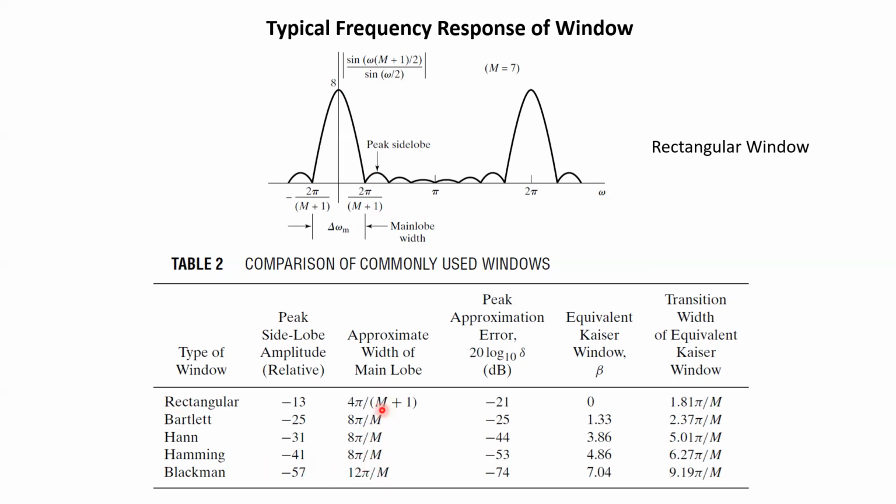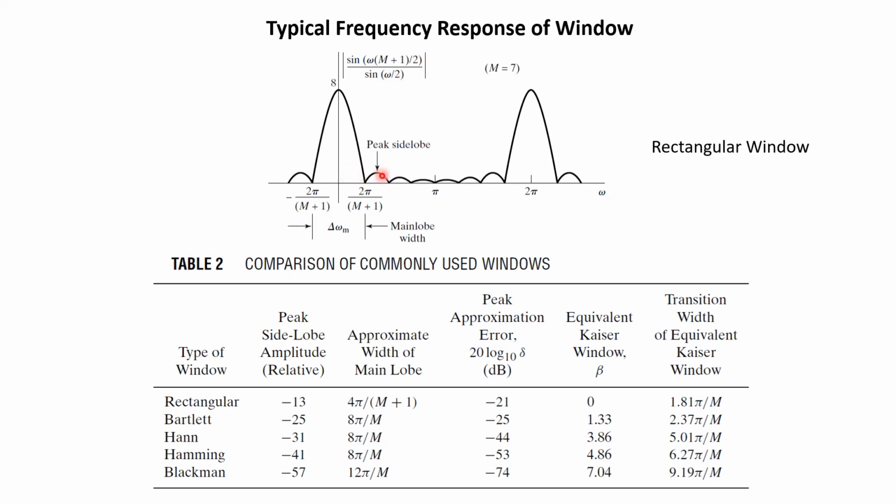So we have different widths of main lobes, but it is important to note that the width of the main lobe is inversely proportional to the number of samples in the window, right? So if we increase the length of the window in number of samples, then this width will become narrower, right?